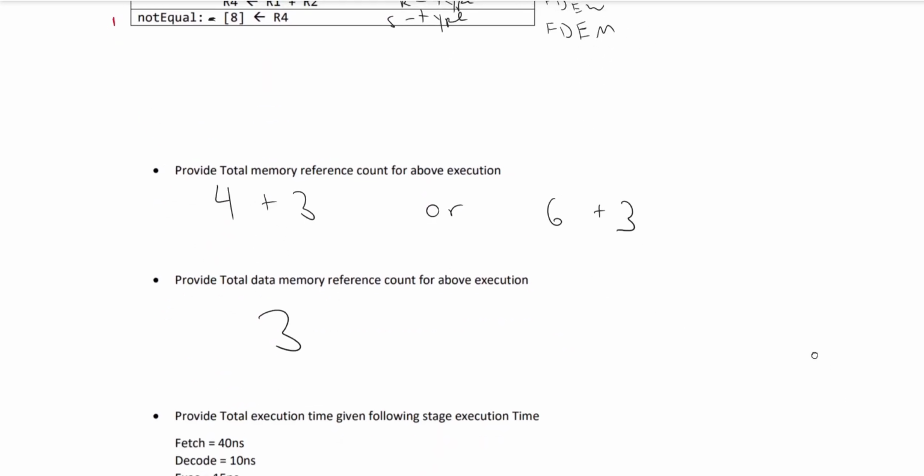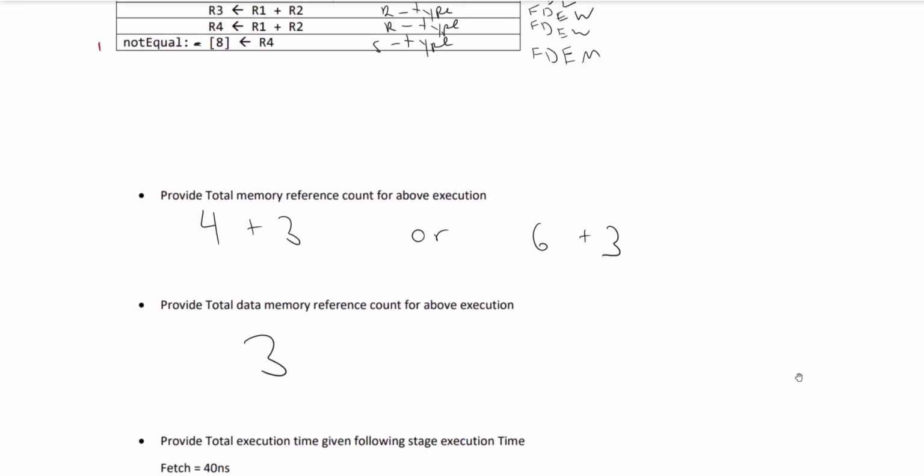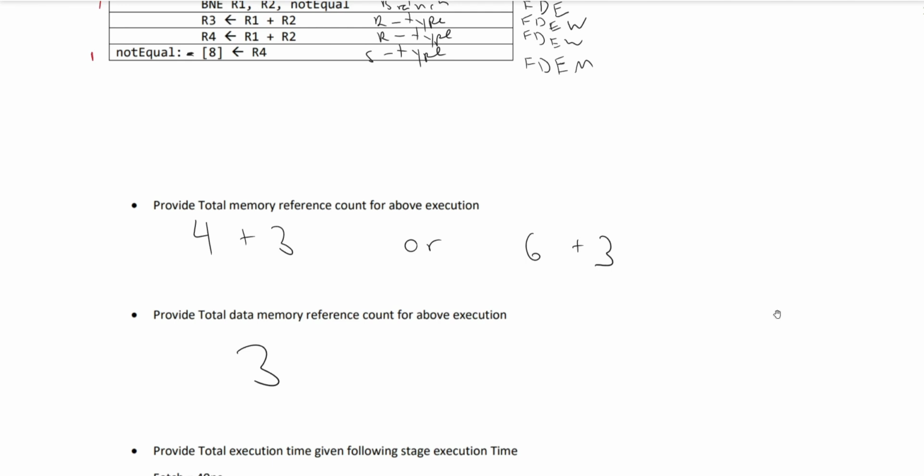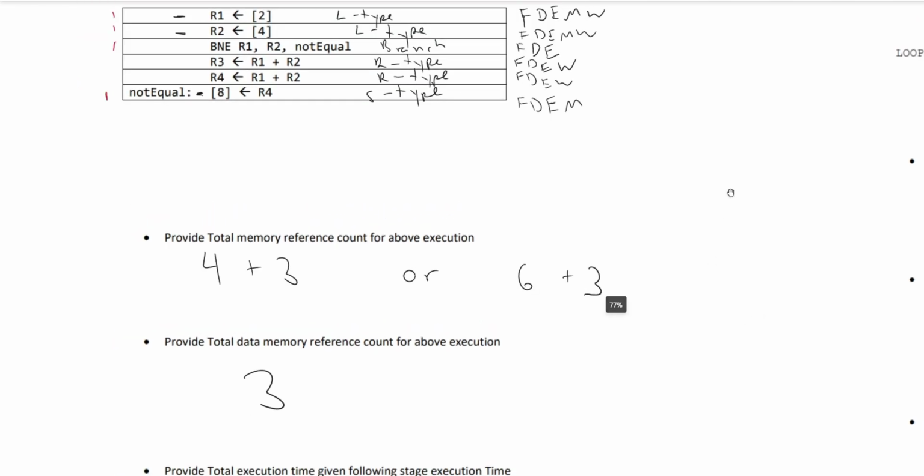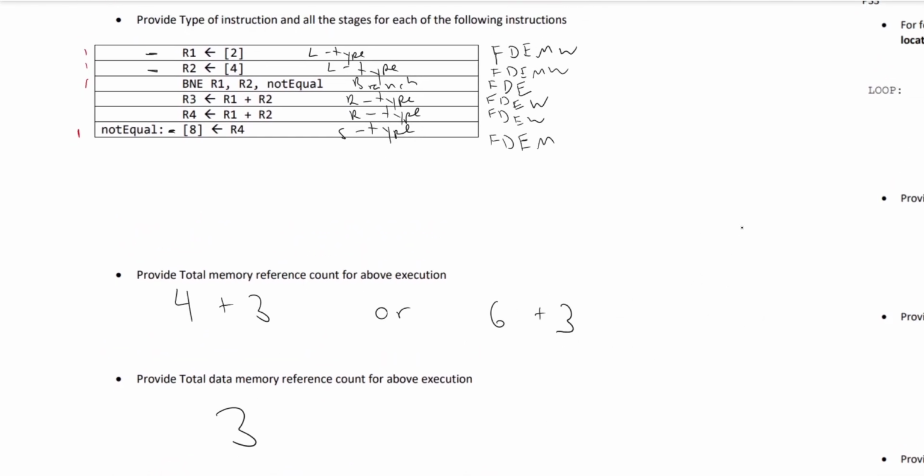And then provide the total execution time given the following stage execution times. So basically, I think he wants us to do 40 plus decode is 10, plus 15, plus 30, plus 10. And then it's the same thing here.